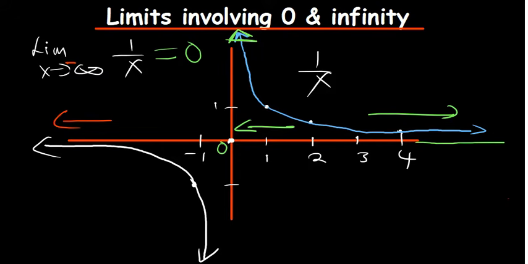So for us to answer the question, we have to be very careful, because as we approach 0, we're approaching 0 from two sides. There's one where we're coming from the negative side, and then there's one where we're coming from the positive side, but we're still approaching 0. Here we are going towards negative infinity, there we're going towards positive infinity. So this introduces two aspects of limits which are important.